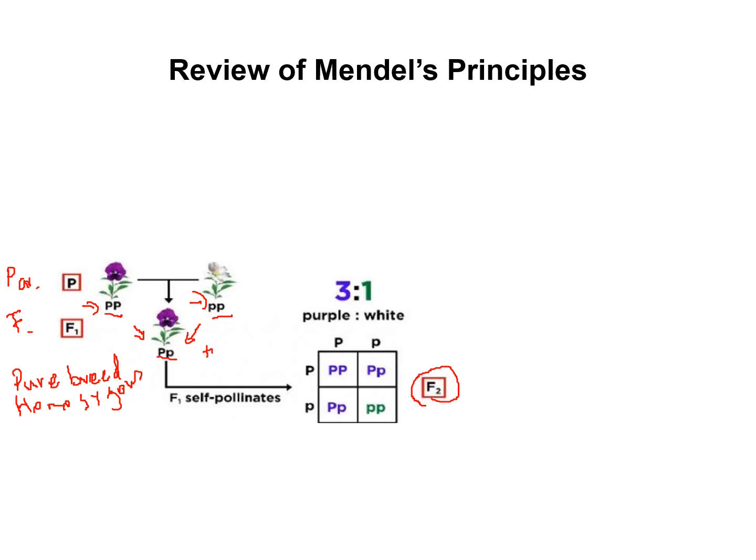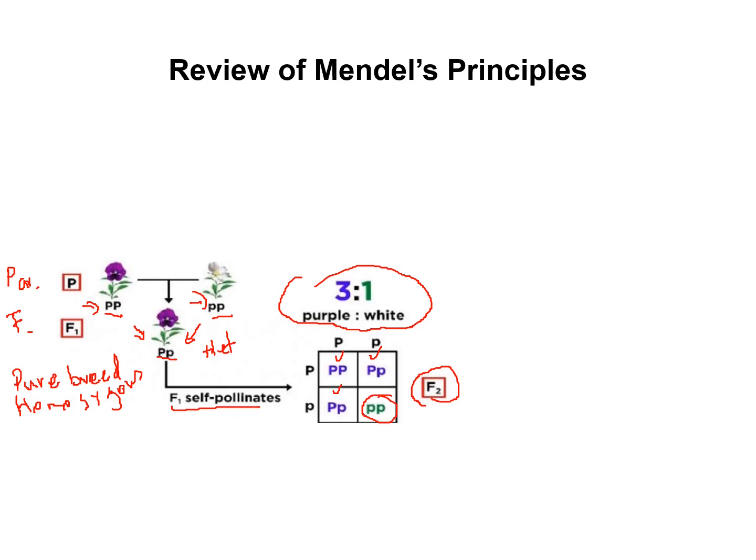You get a heterozygous in this case. And if this F1 self-pollinates, you get this beautiful pattern of 3 to 1. So you get 1, 2, and 3 purple ones and 1 white one.